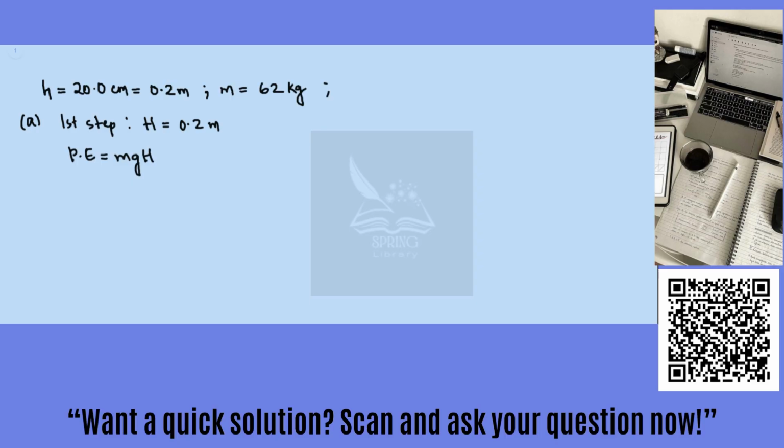And acceleration due to gravity is given by 9.8 meter per second square. So the potential energy will now be 62 kg times 9.8 meter per second square times 0.2 meter.